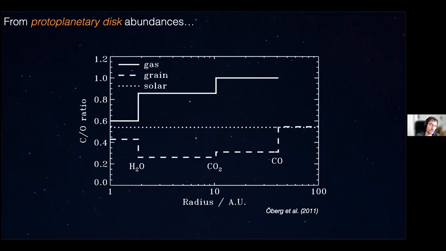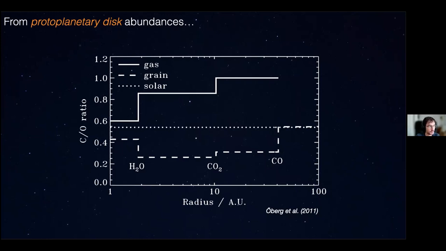And if that happens, that changes the carbon to oxygen number ratio in the solid or gas component in the disk accordingly. Now the idea is, if we measure the C/O ratio of a planet and also its metallicity, we can place the planet on this plot and say where roughly in the disk it could have formed. This is a very powerful idea, but I will also discuss later that it's very strongly simplified.